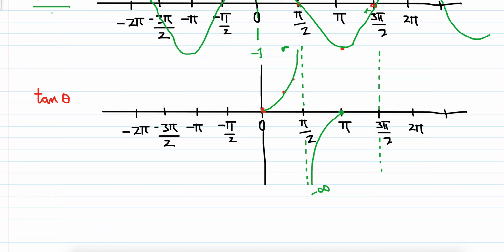So sine is positive, cos is negative, but the values are the same, 1 and 0. So it will be approximately minus infinity: 1 divided by minus 0.00 something. And at pi, it will be 0. Its graph is like this only.